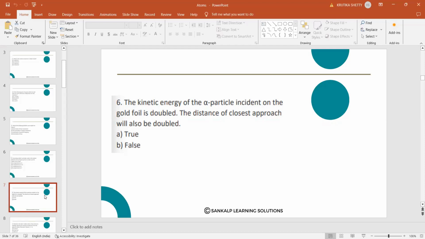So whether it is true or false, that we need to see. Here, as the kinetic energy is doubled, the distance of closest approach will be reduced to half. So here they are inversely proportional. So if it is twice, it becomes 1/2. Therefore it is a false statement.